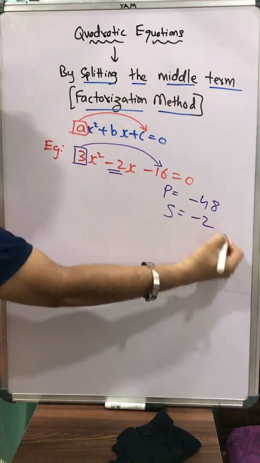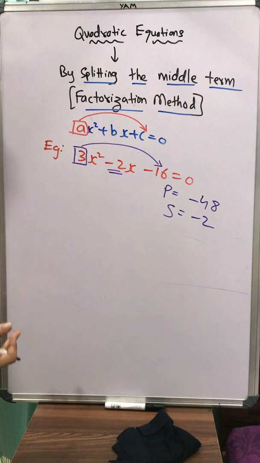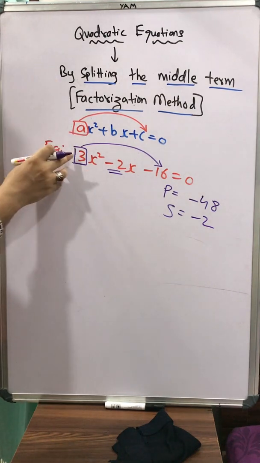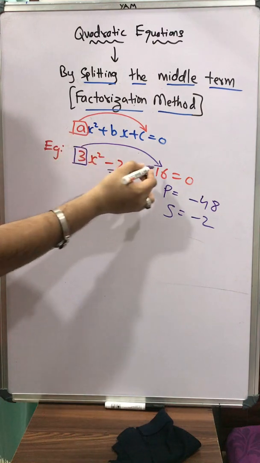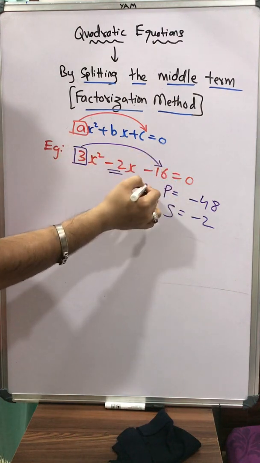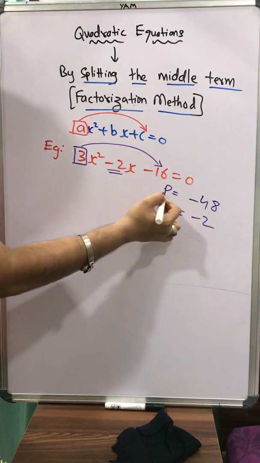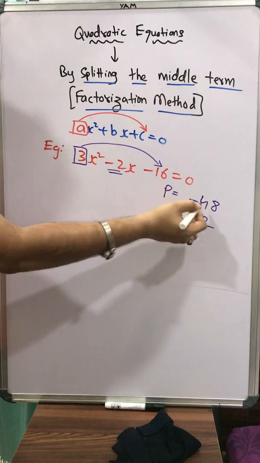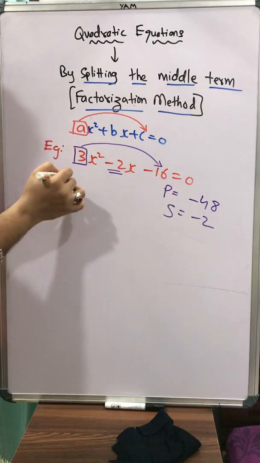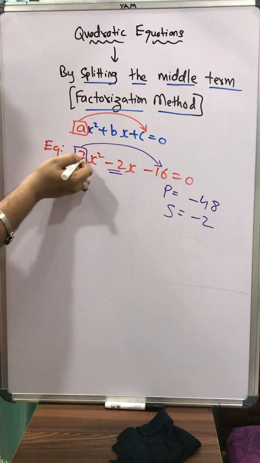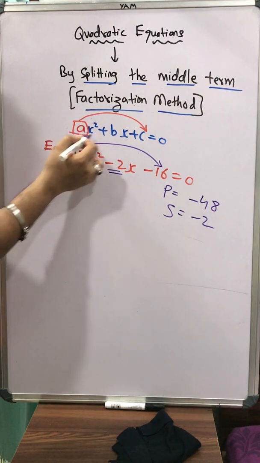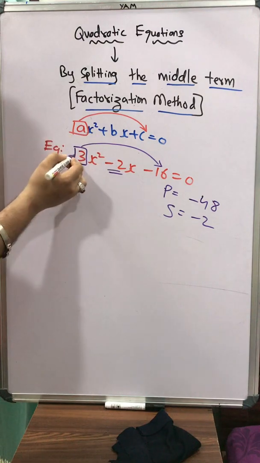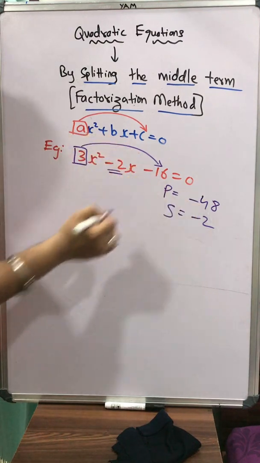And when we add the same two numbers whose product is minus 48, I should get minus 2. So what's the difference, students? Earlier, when the coefficient of x square was 1, we always took the first number from the right hand side and wrote it in front of p, as the product we want. But now whenever we have any number other than 1, that number is always multiplied with the constant term, and 3 into minus 16 comes to minus 48.